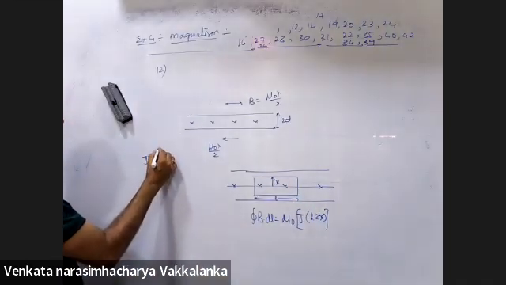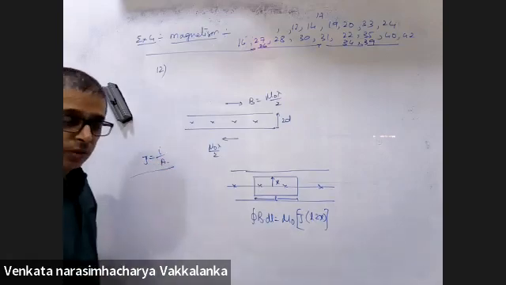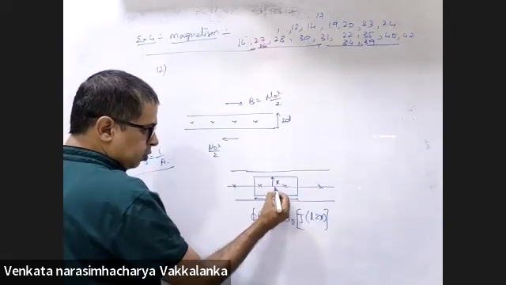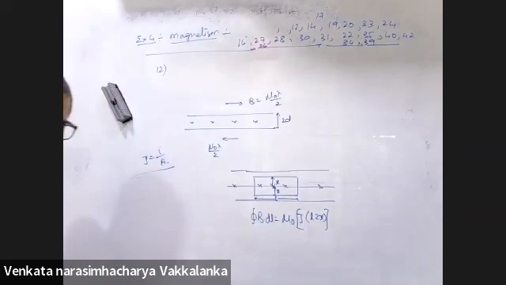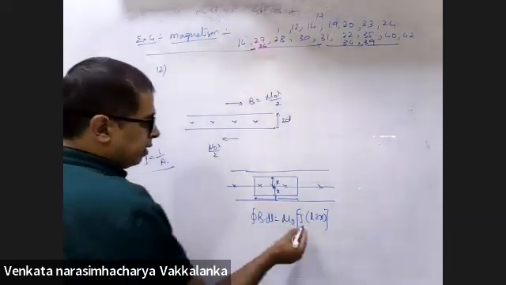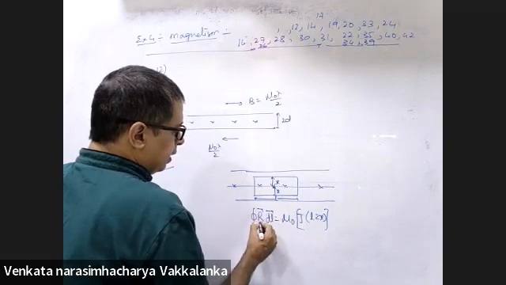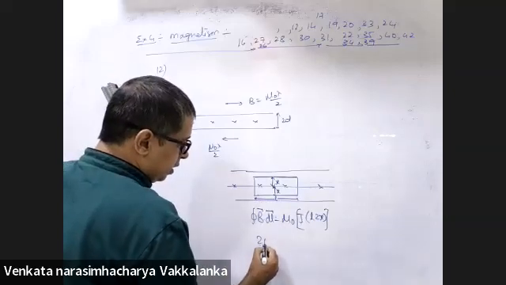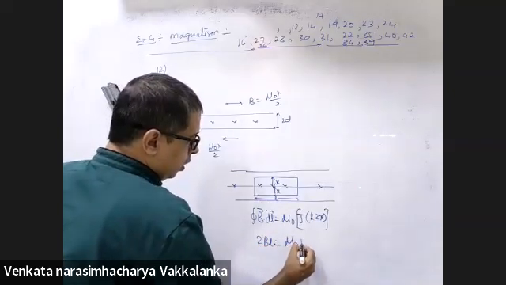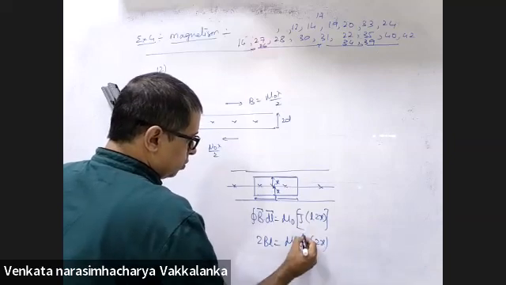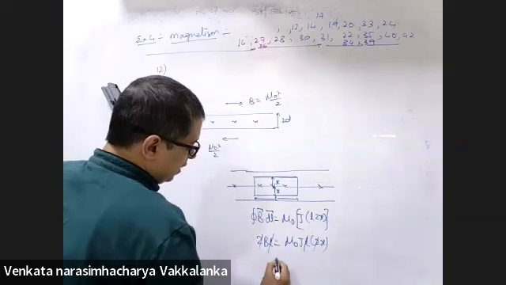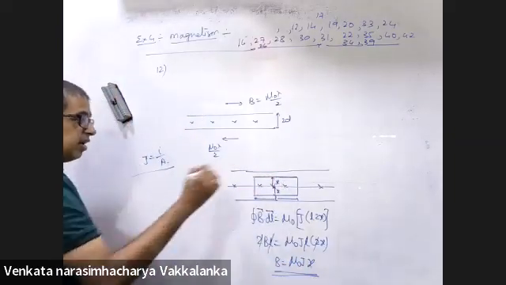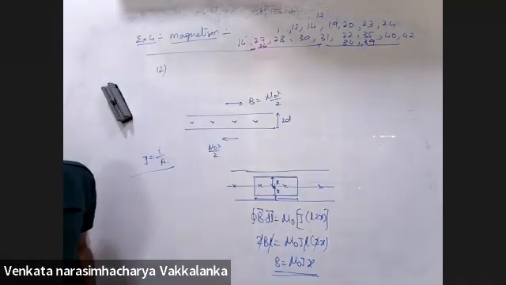I took J as current per unit area of cross section, the original definition of J. So the area of cross section is length into this distance, which is also x. B dot dl is mu naught times this. Now this will be plus BL, this will be minus BL. 2 times BL equals mu naught J L by 2x. L will get cancelled, 2 will get cancelled. Mu naught J x is the magnetic field inside. Exactly the same way you can do it for outside.